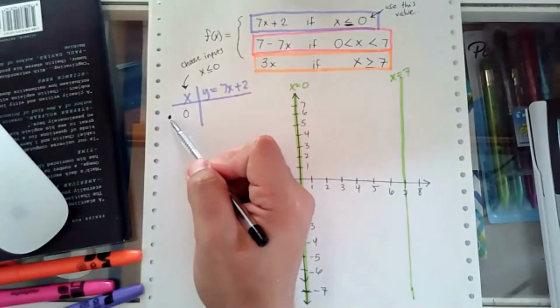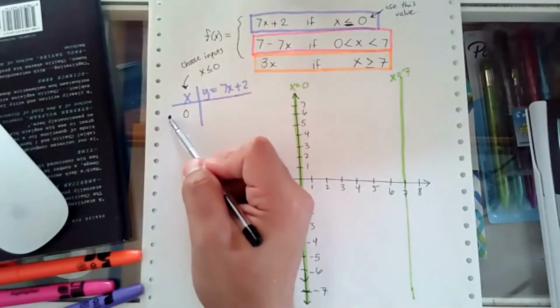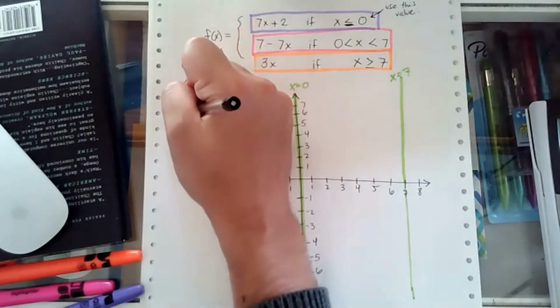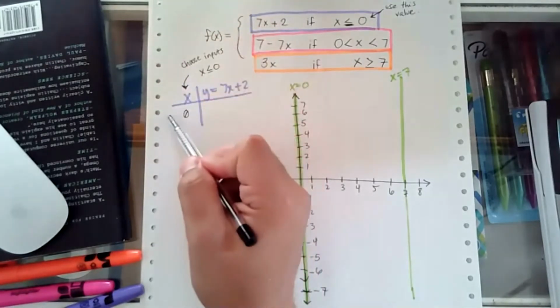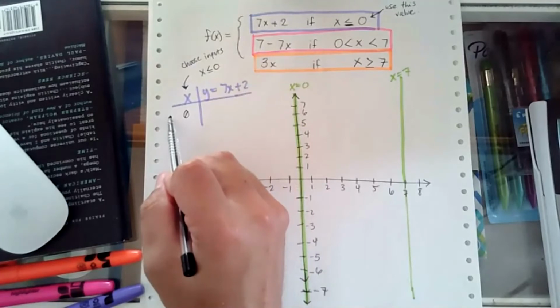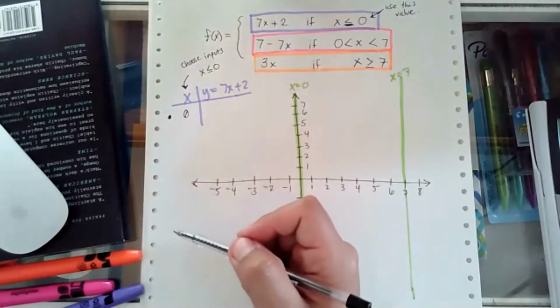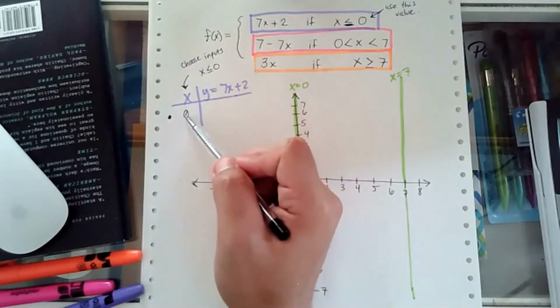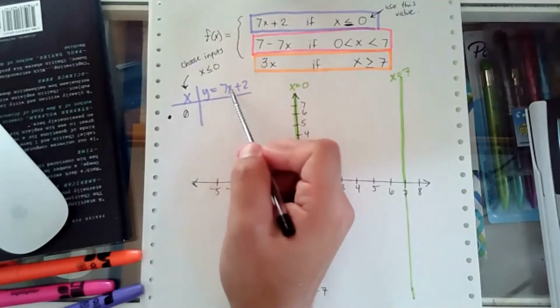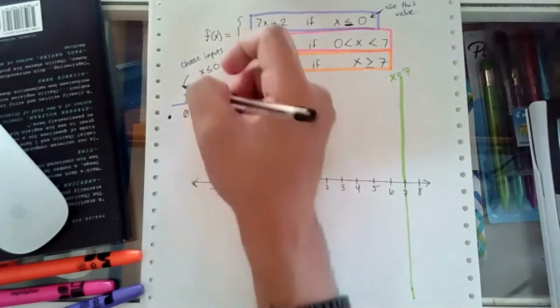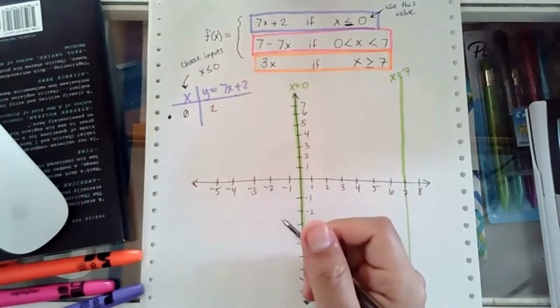Okay, so this little dot here is going to be important. When I use 0, I'm going to use a closed circle because that's going to be included in this section. Well, I think we plugged 0 in already. When we plug 0 into this, we get positive 2. So that's our y value.